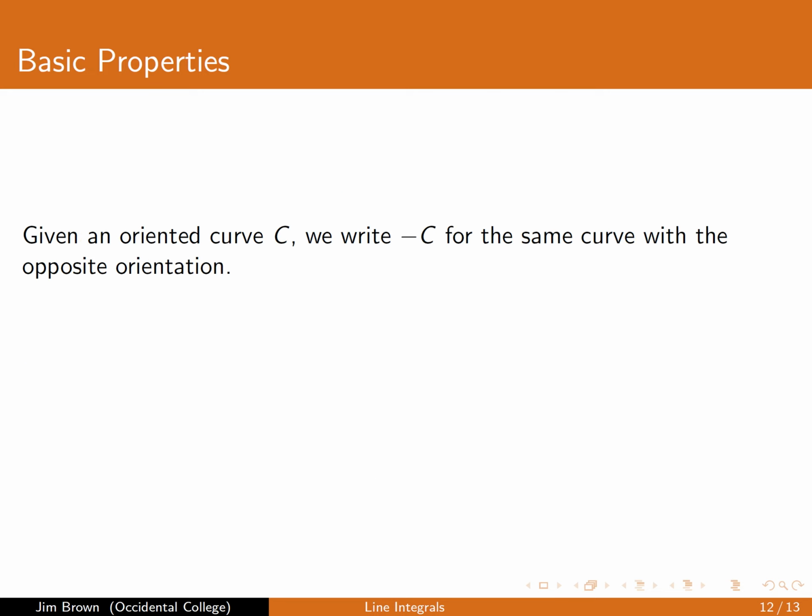A couple more properties here. If we have an oriented curve C, we write negative C for that same curve, but with the orientation switched. So at the curve at the beginning of the lecture, we were starting at the bottom left and working up towards the top right. If I took negative C, I would start at the top right and work towards the bottom left.